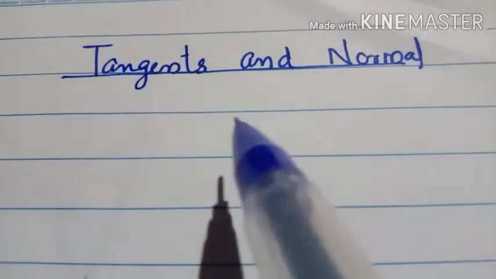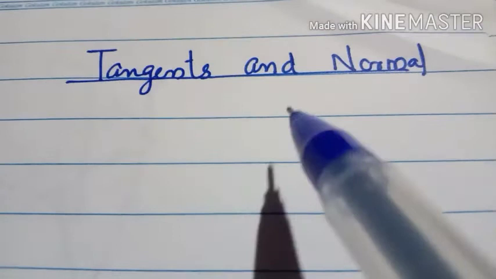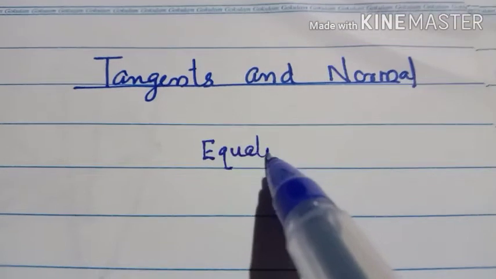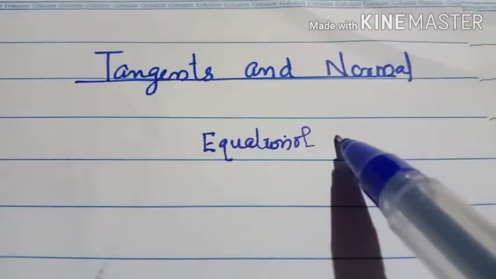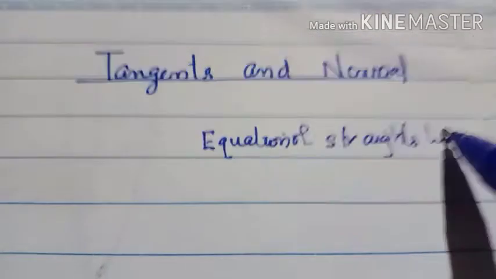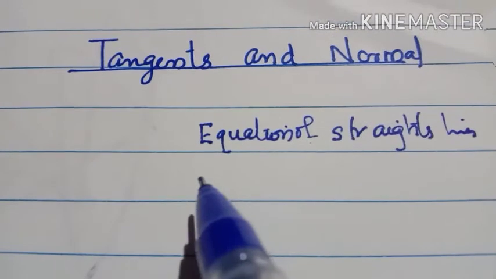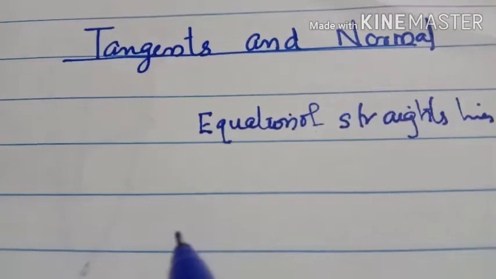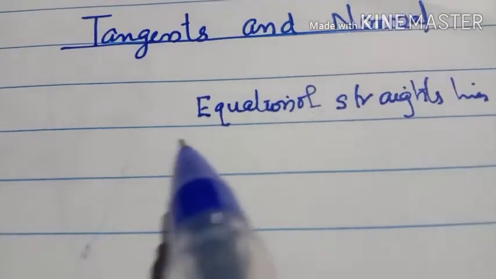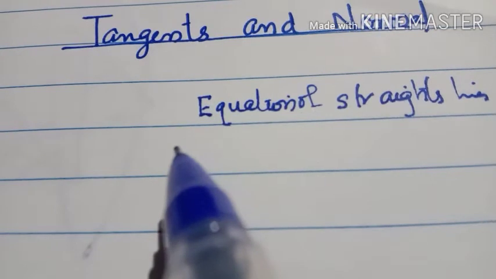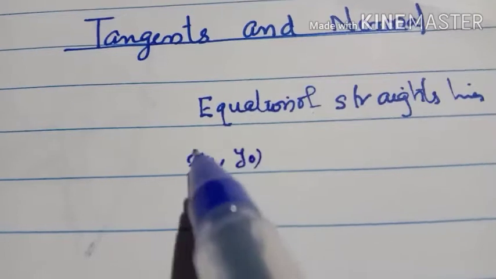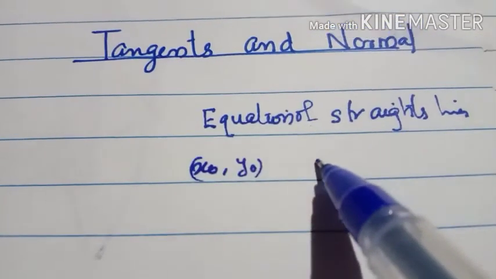Okay. So before introducing these tangents and normals, just recall equation of straight lines. In class +1 we learned some equations of straight lines like two-point form, point slope form, normal form, intercept form, etc. So here we just recall the equation of a straight line passing through a point x0, y0 with a slope m.